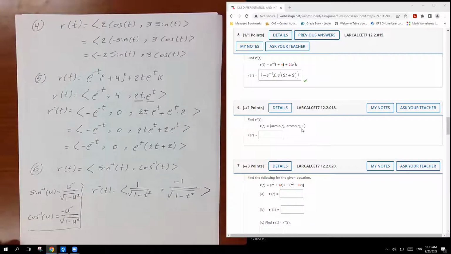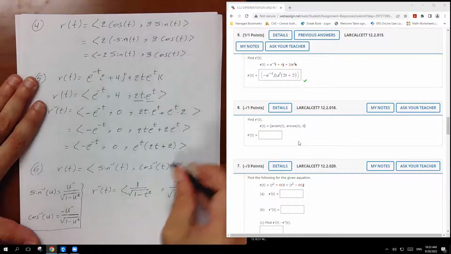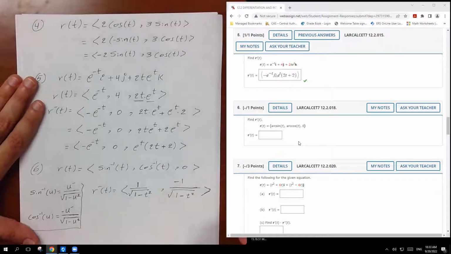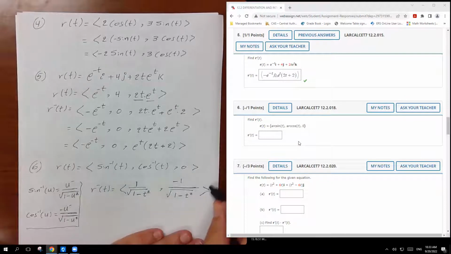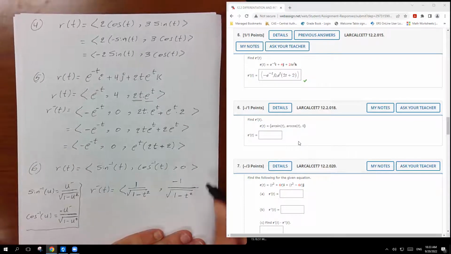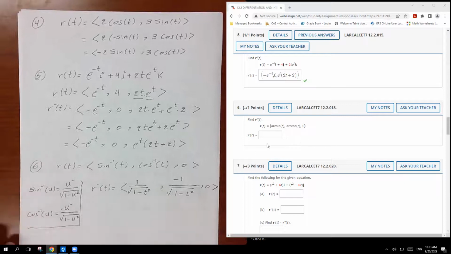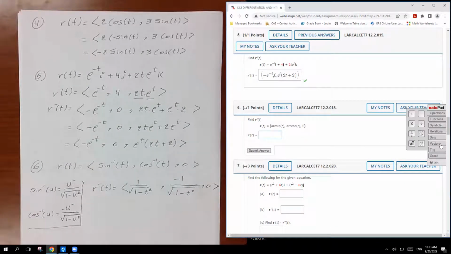The third component, we have 0 here. So the same thing, the 0 is just going to stay 0, comma 0. So we're going to type this one here in the vector form.